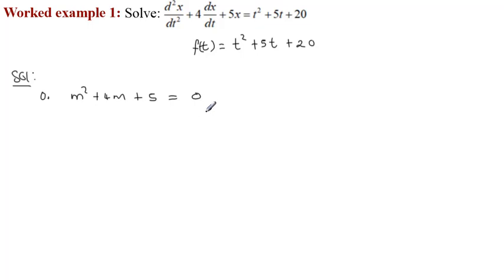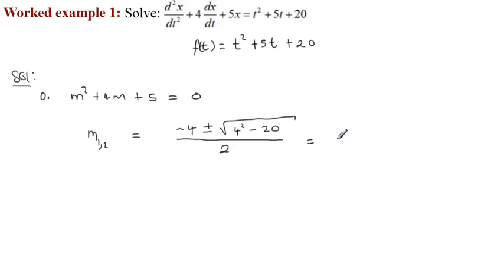Then we resort to the formula: m_1,2 equals minus 4 plus or minus the square root of b squared, which is 4 squared, minus 4ac, which gives us minus 20, all over 2a, where a is equal to 1.